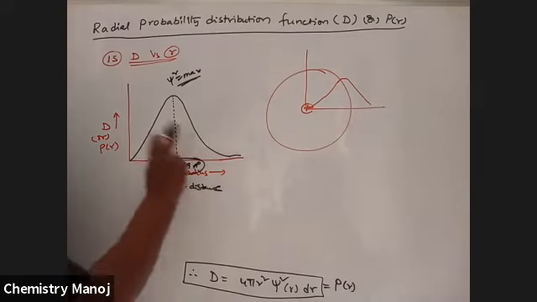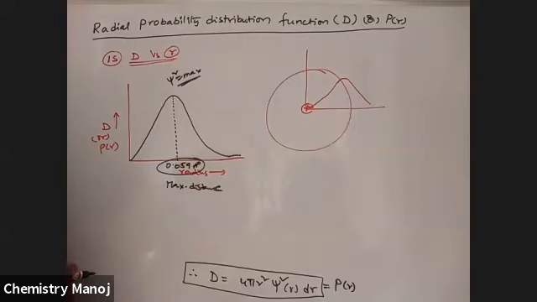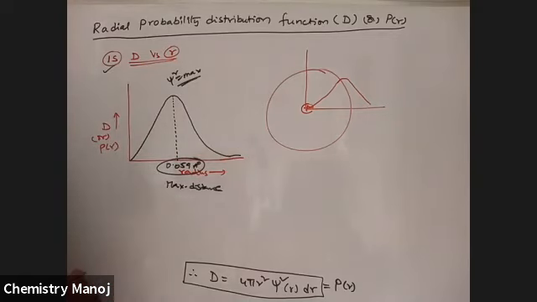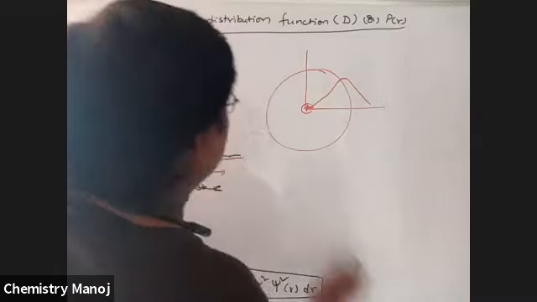Now, how many peaks are there? Only one peak for the 1s orbital. So for the radial probability distribution curve of the 1s orbital, there is one curve. Now I am going to draw the second orbital, that is the 2s orbital.